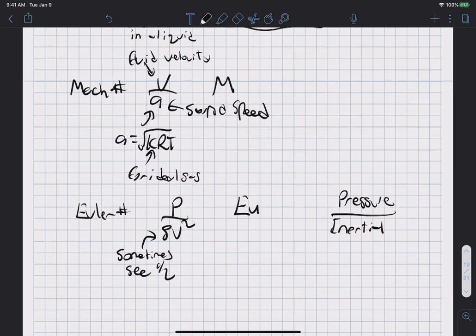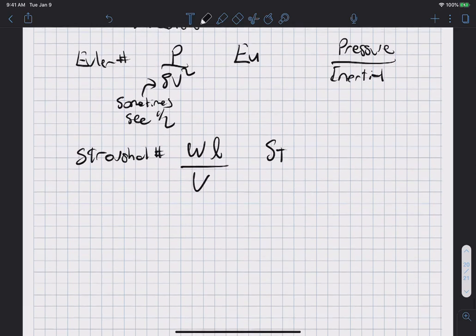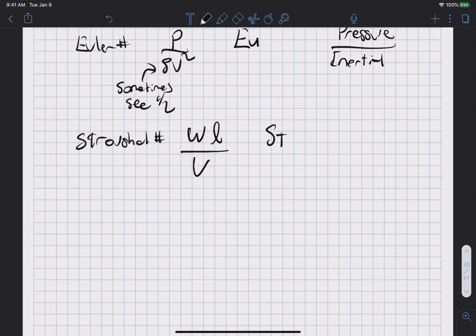And there's the Strouhal number. That's defined by the shedding frequency, which we just went over in a little problem, times a reference length over the velocity, and that's given by the symbol St. And if you have a flow that's dependent on surface tension, you can check if that's important by using the Weber number.